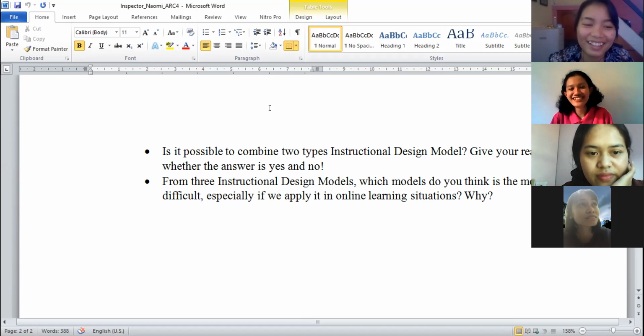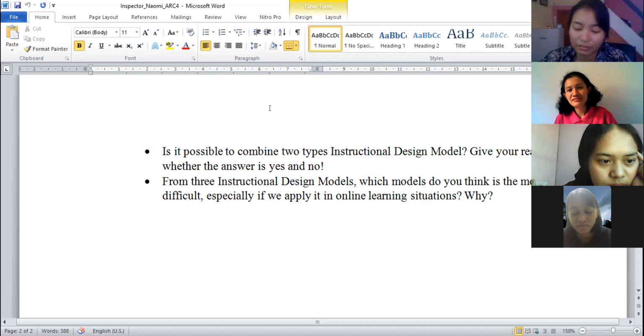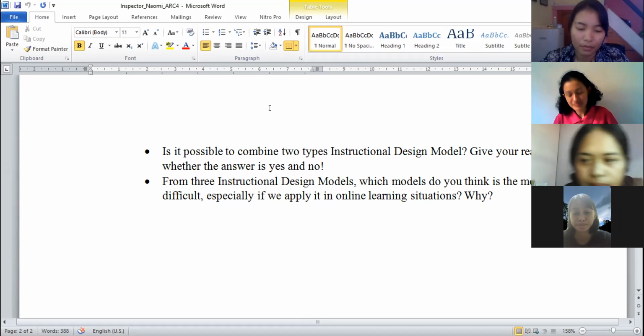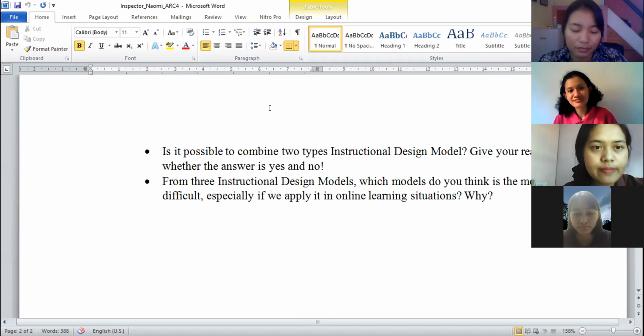Yeah, challenging because we have to implement two different designs to research something, right? Because using one research design is already a hard thing to do, but if you want to mix it with another research design, I think it will be more challenging for sure. But I personally don't really know whether it is okay or not to use two methods at once.